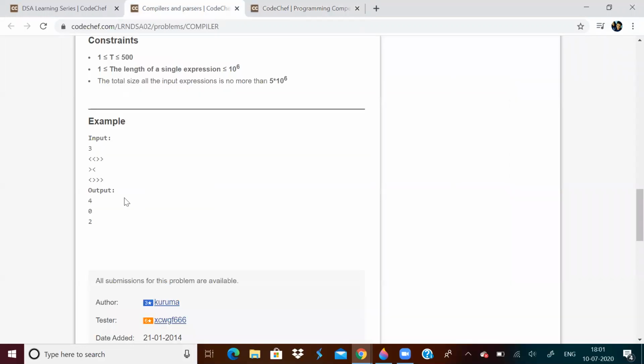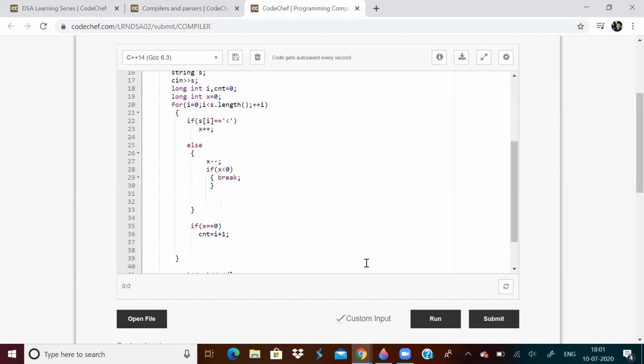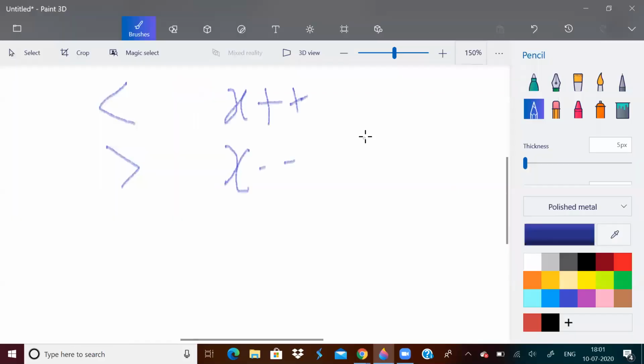Why? Let us take this example. x is 0 initially. When it comes here, x becomes 1.